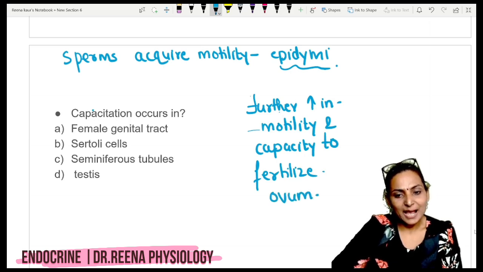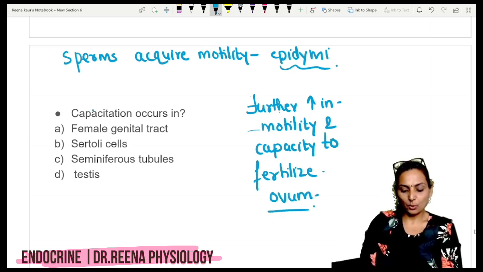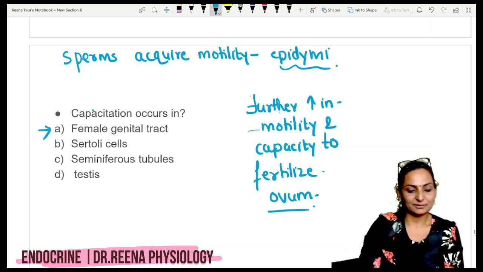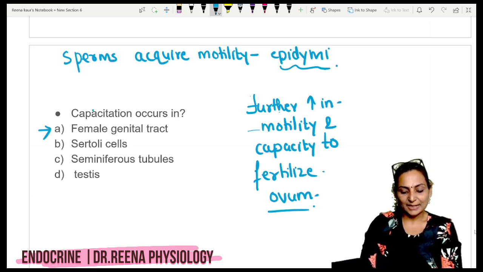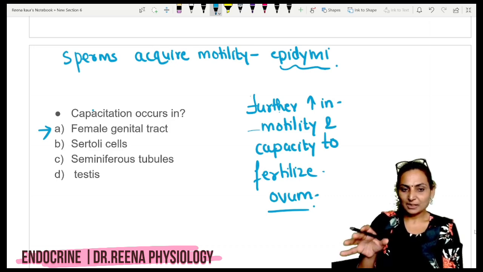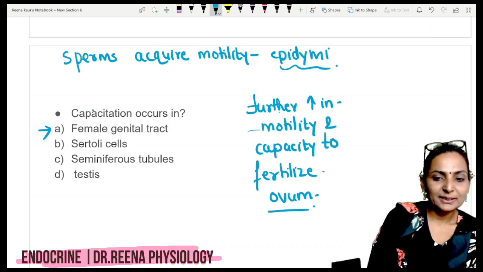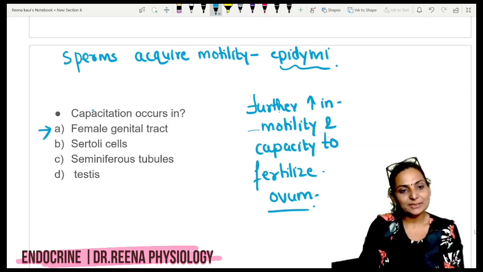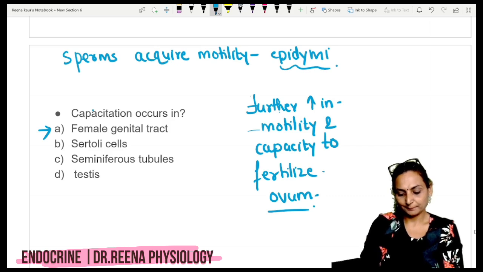This is called capacitation. So where will capacitation be? It will be in the female genital tract. So what is capacitation? A further increase in motility and capacity to fertilize the ovum, which actually happens in the female genital tract.